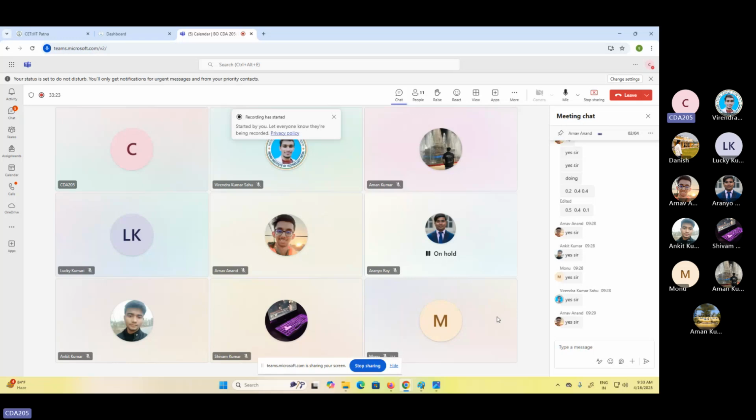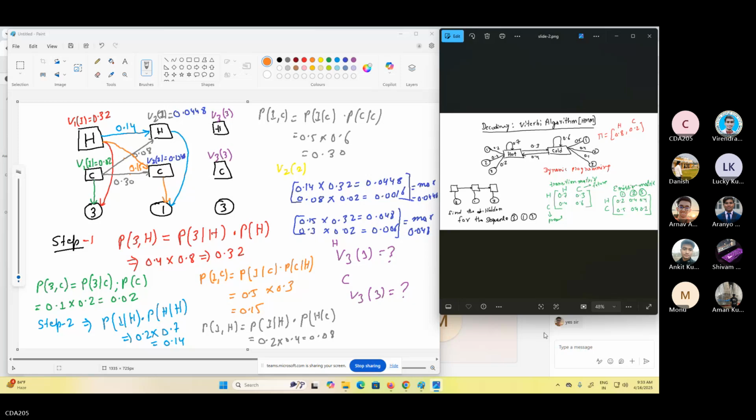Yes, Ankit Kumar, have you calculated the V3 value? Virendra is there, Arnav, Monu. What is the value of V3? So to calculate the V3, you can check.